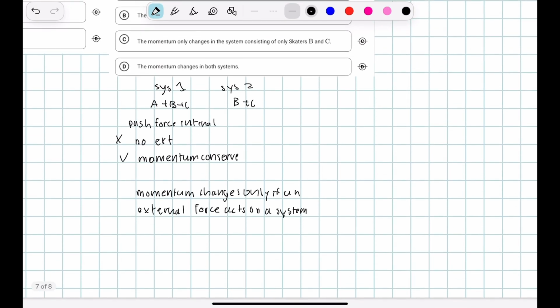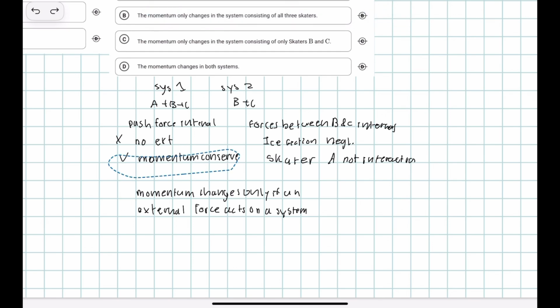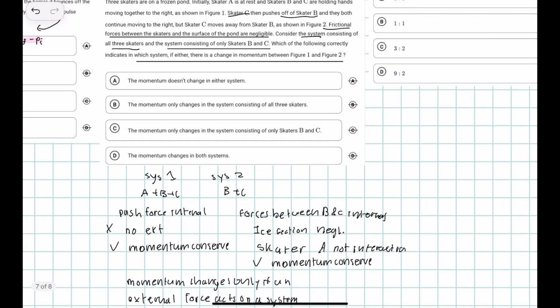The forces between B and C are internal, the ice friction is negligible, and skater A is not interacting. So again, momentum is still conserved. So the momentum doesn't change in either system.